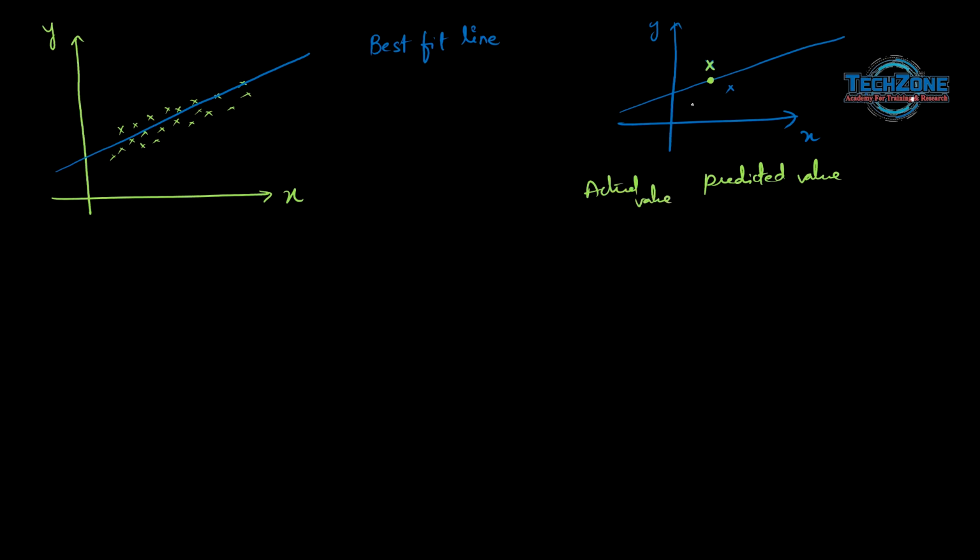The difference of the actual value and the predicted value is our error in this first case. So this is the error. Let us say that distance is d1 and here the error is d2.